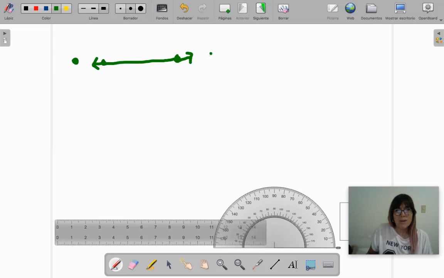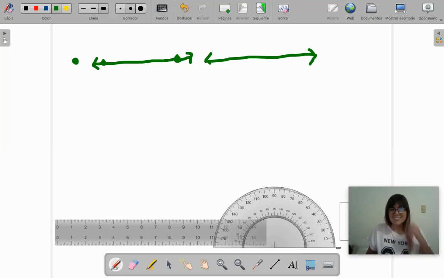Now, who remembers what this is? Excellent. I heard a lot of you saying it. This is a line. We don't have the endpoints here. That means that the line continues and never stops, unless you put the 2 points, then it becomes a line segment.